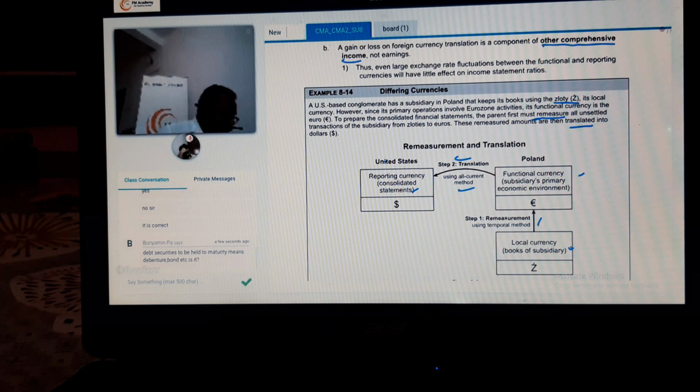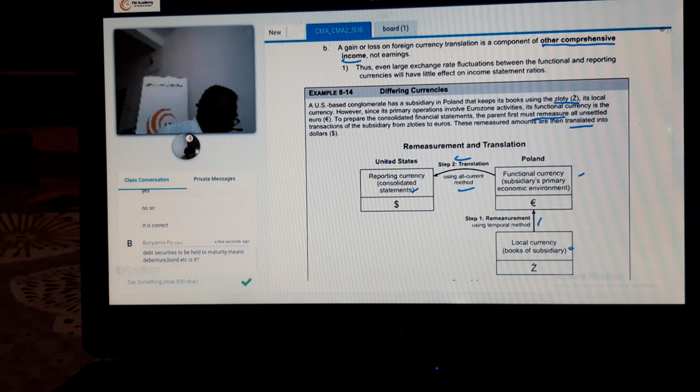The next one, question number 25. The economic effect of a change in foreign exchange rate on a relatively self-contained and integrated operation within a foreign country relates to the net investment by the reporting enterprise in that operation.